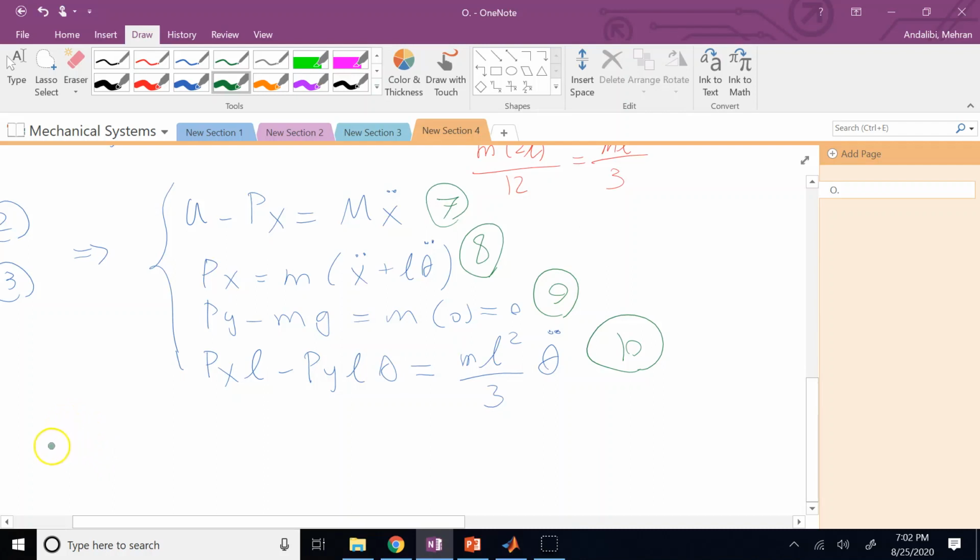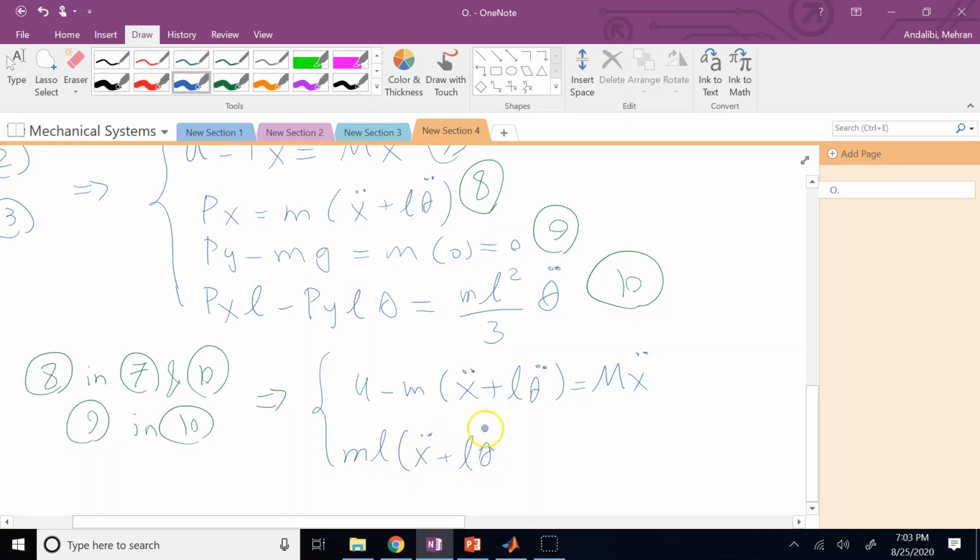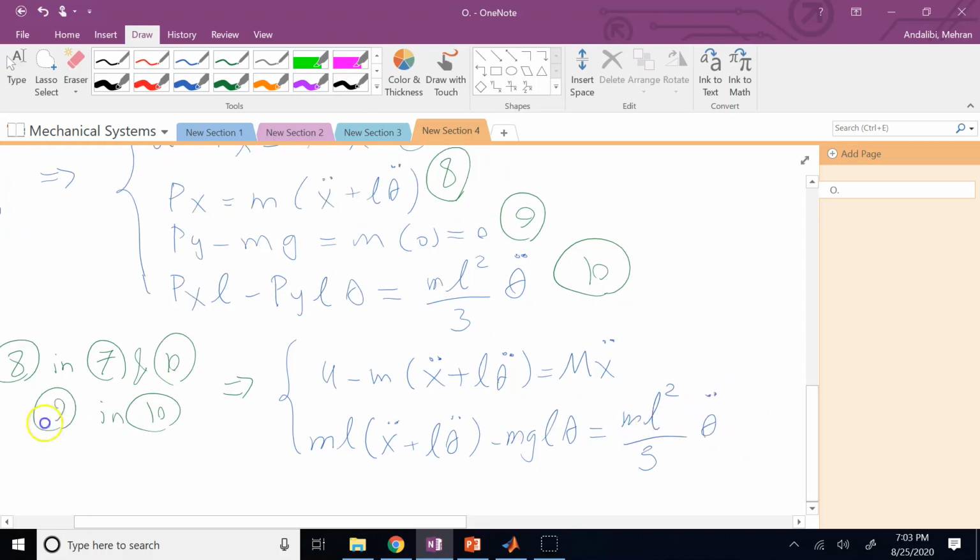So if I plug in 8 in 7 and 10, and then 9 in 10, I will get two nicely organized equations: u minus m times (x double dot plus L theta double dot) is equal to m x double dot, and then m L times (x double dot plus L theta double dot) minus m g L theta is equal to m L squared over 3 theta double dot.